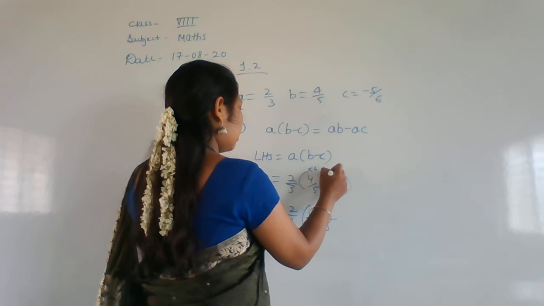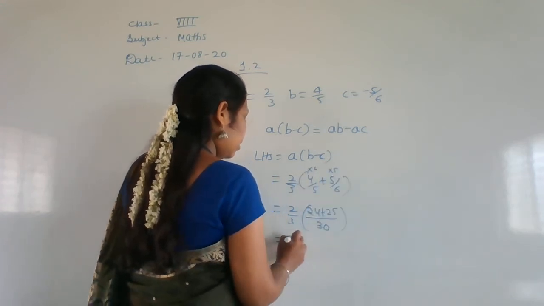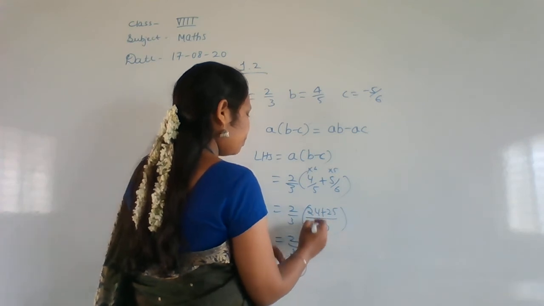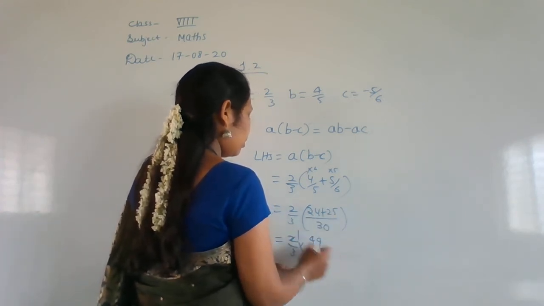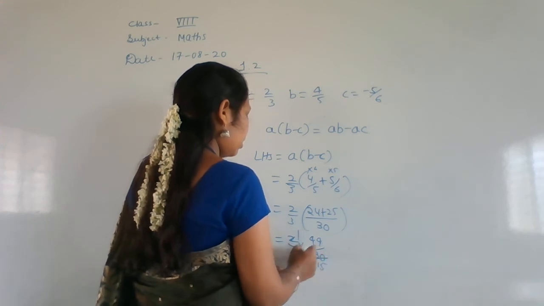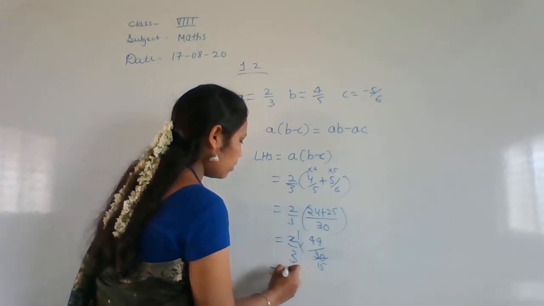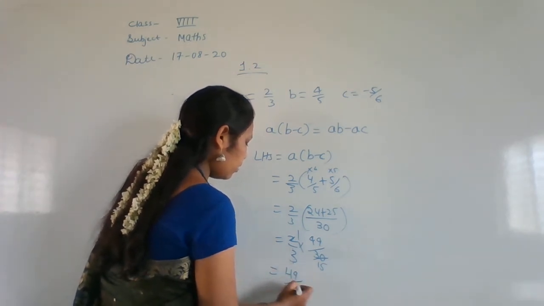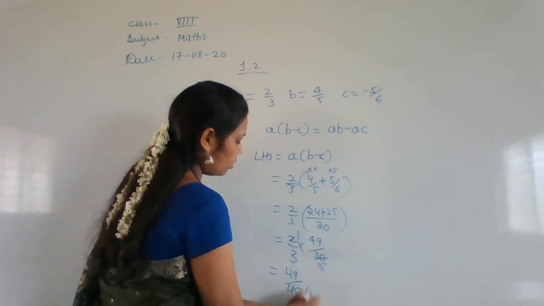Here 6 4s are 24 plus 25. 2 by 3 into 49 divided by 30. 2 1s are 2, 15s are 3 1. Okay, cancel out. So here 49 by 45. So this is the answer.